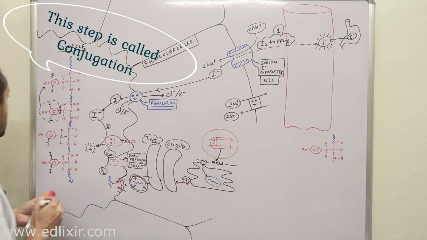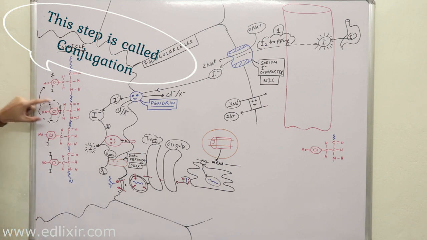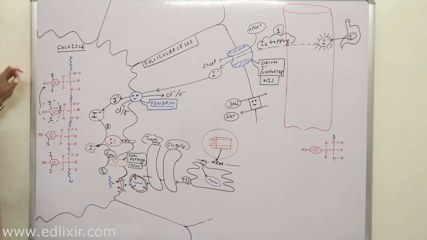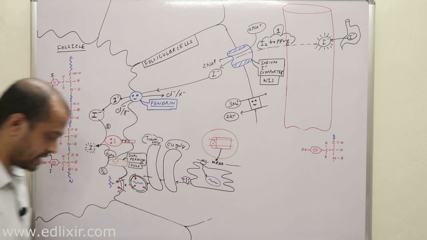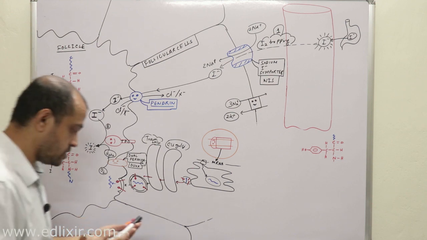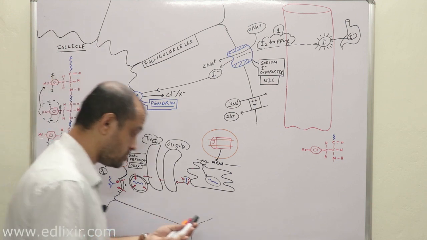Now what happens is this whole thing breaks from this bond and will get attached with this particular portion of thyroglobulin. Now let me tell you how it will look.